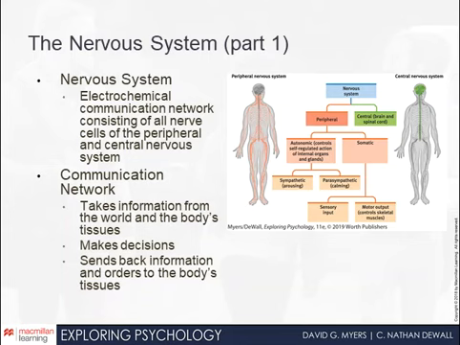You can then make decisions based on that information, and then you send instructions and orders out to the rest of your body to do this, to run from the truck as you're crossing the road that's speeding up at you. That is the purpose of this nervous system, to get information so you can make proper decisions and take proper actions.